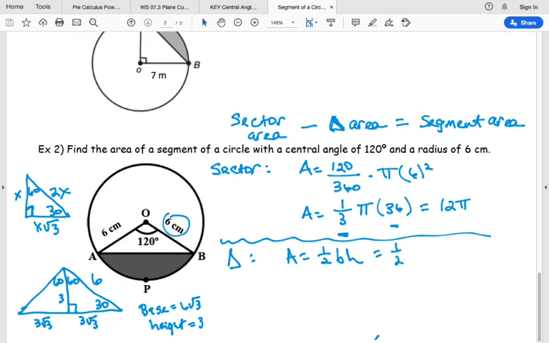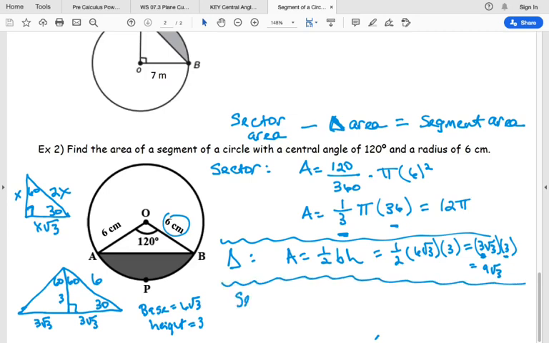So 1/2 times the base, which is 6 square root of 3, times the height, which is 3. And so half of 6 is 3. So we'll get 3 square root of 3 times 3. And then multiplying that, you'll do this 3 times this 3 to get 9, and then just attach the square root of 3 to it. So that's the area of the triangle.